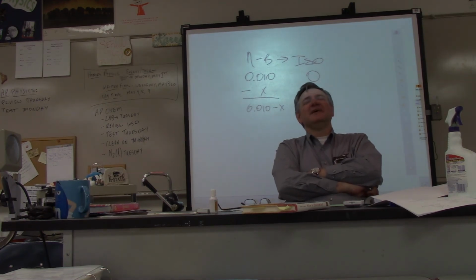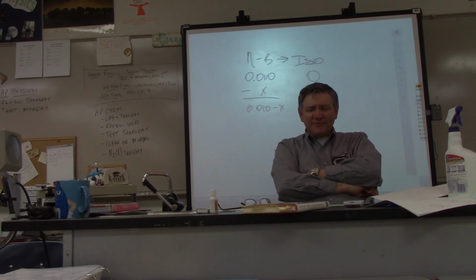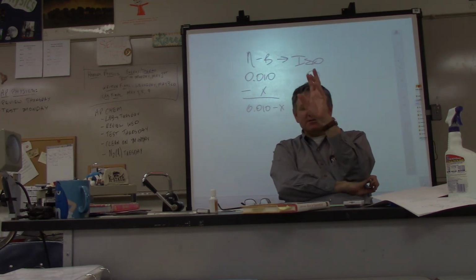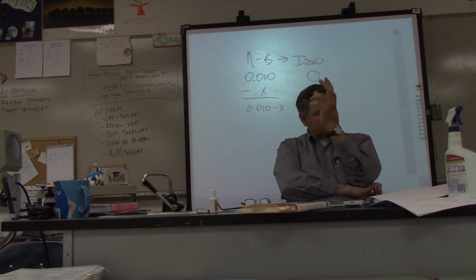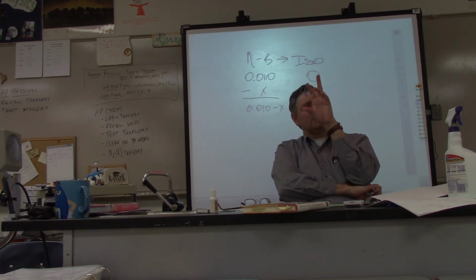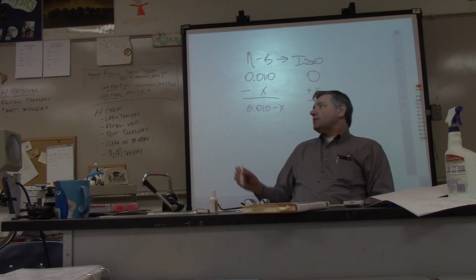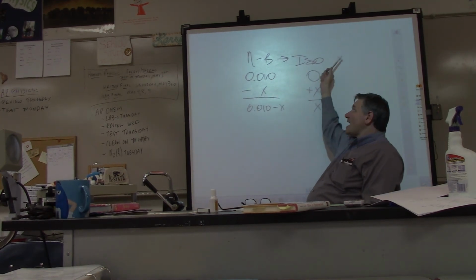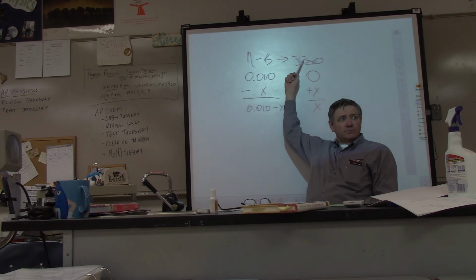So it's going to be favored. And here's the other thing that you have to look at: a relative value of K. Since K is just barely above 1, this reaction won't go all the way to completion.